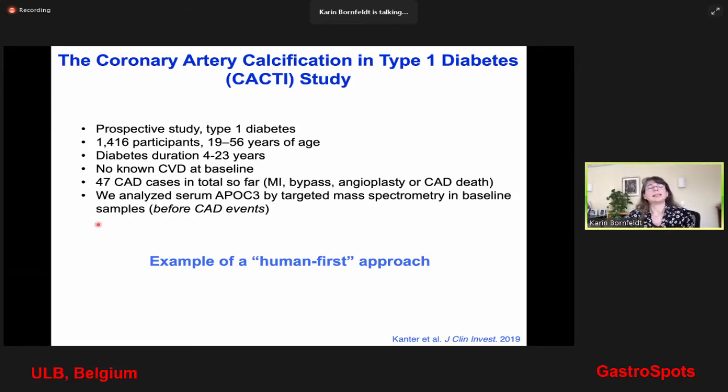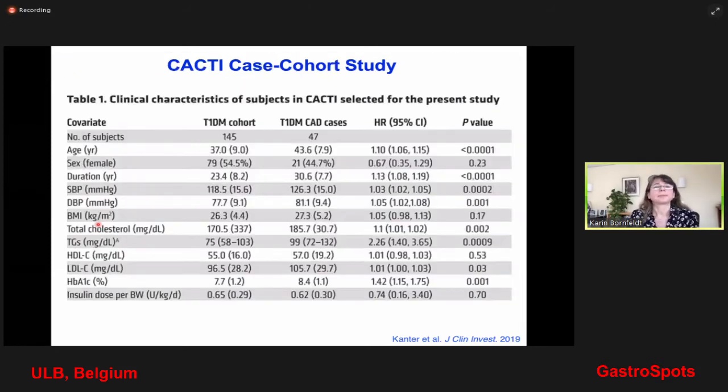We then analyzed serum ApoC3 levels by targeted mass spectrometry in baseline samples, so before the CAD events. And this is an example of a human-first approach. We set up a case cohort study where the case group contained all 47 CAD cases, and the cohort study was a randomly selected cohort consisting of 145 subjects with type 1 diabetes.